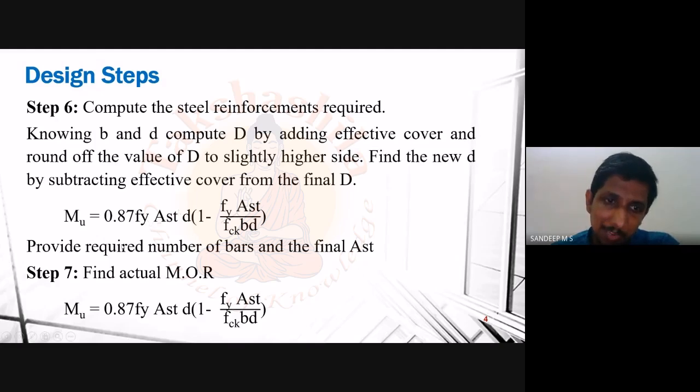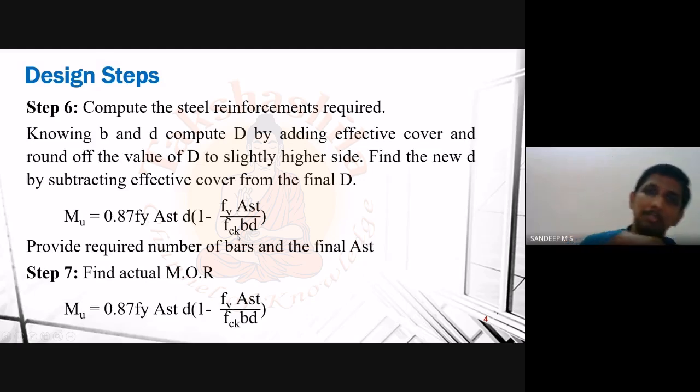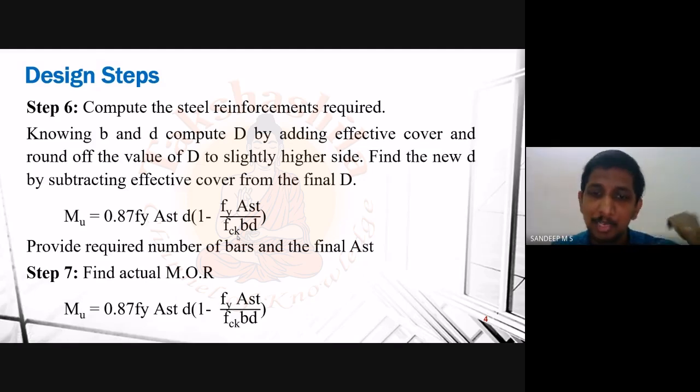Once you get the value of AST, provide the required number of bars. How do you find the required number of bars? You assume some diameter, maybe 20 or 16, calculate the area of steel for that single cross section, and divide the total AST by that. You will get some value. Round it up and provide the number of reinforcement required.